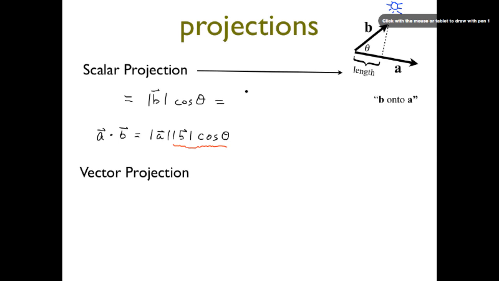Dot product divided by the magnitude of A. So this right here is the scalar projection of B onto A, meaning the length of the shadow that B casts on A. So you can use the dot product to find that length.